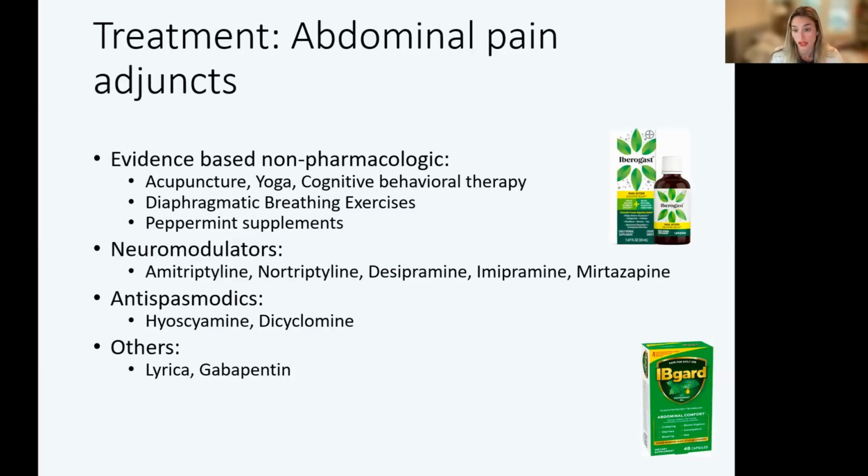This involves classically the TCAs, or tricyclic antidepressants, things like amitriptyline, nortriptyline, desipramine, and imipramine, as well as some of the SNRI medications, antispasmodics, and other medications like Lyrica and gabapentin, which all have evidence support for their treatment in nonspecific GI abdominal pain.